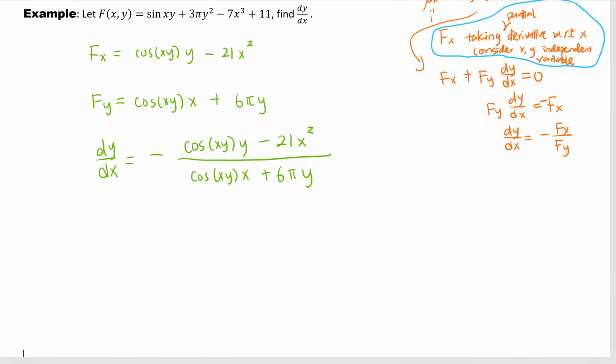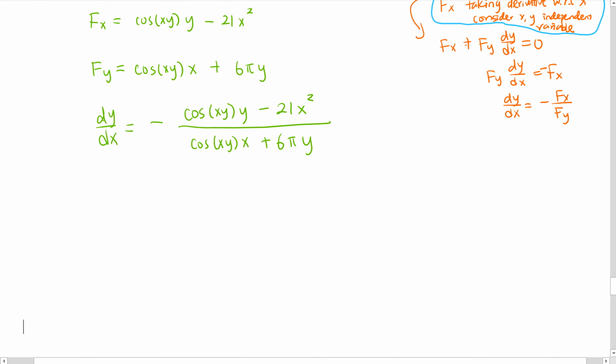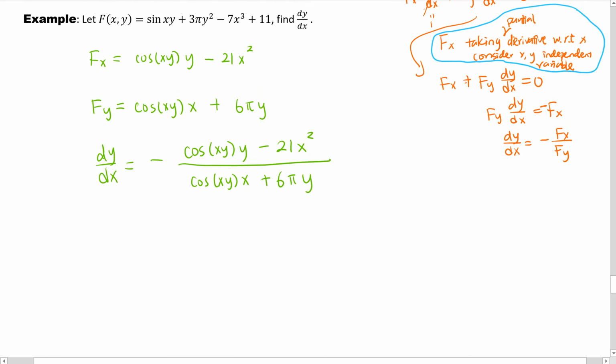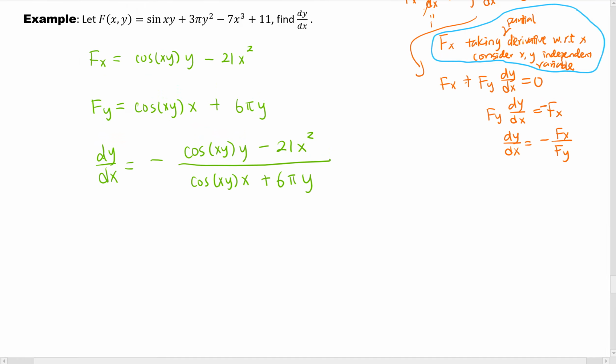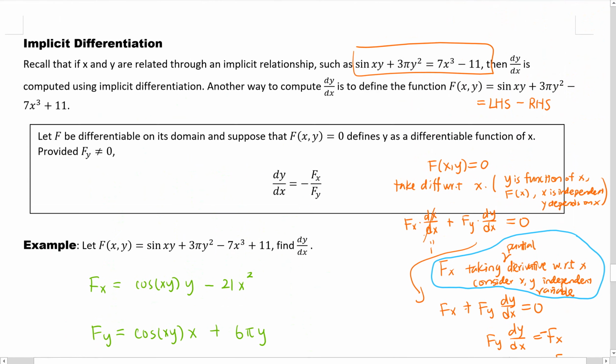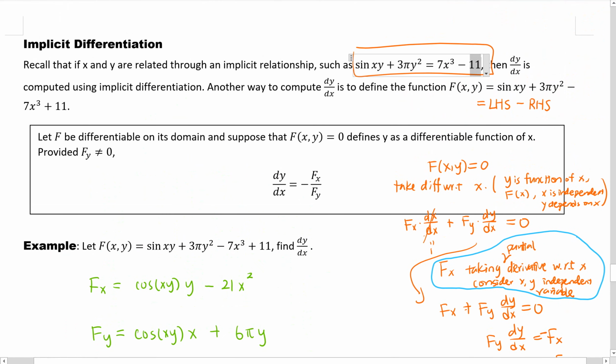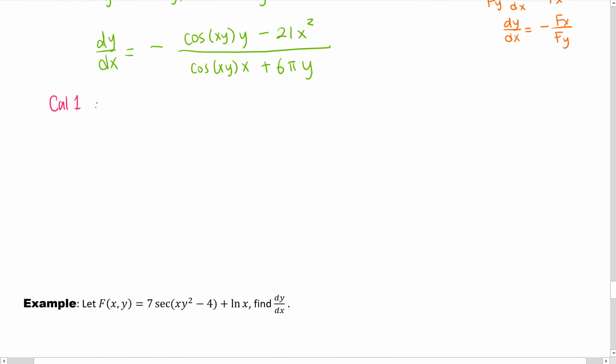I really want you to see the difference between this new method and our methods before. So in our Cal 1 method, we start with this equation, right? And what did you do?